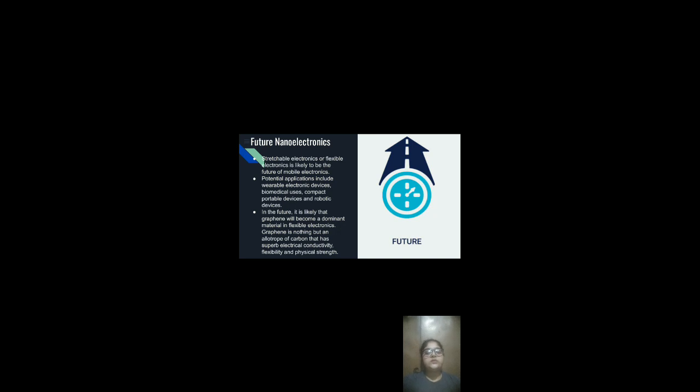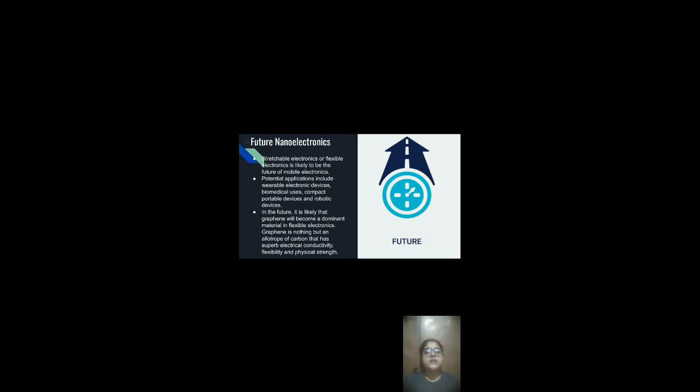Last one is in the future, it is likely that graphene will become a dominant material in flexible electronics. Dominant material means that which has a lot of influence. Who is more effective? Okay, that is graphene.